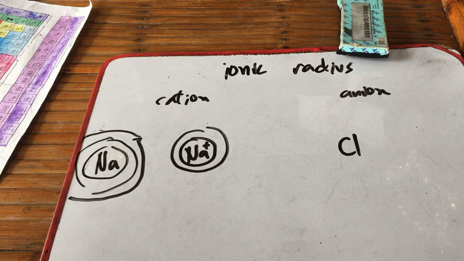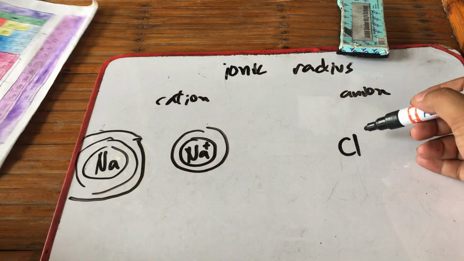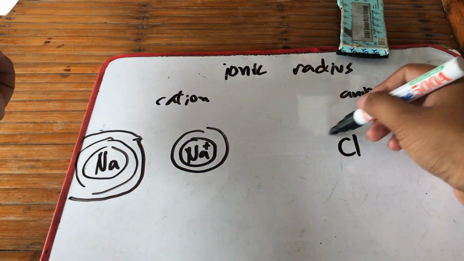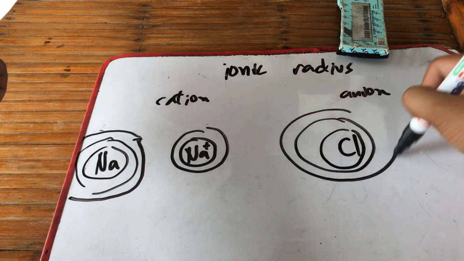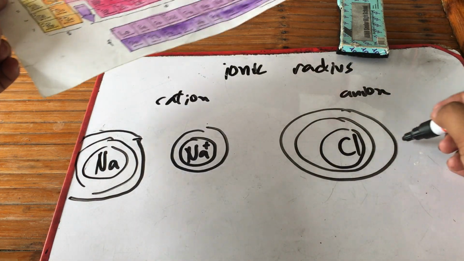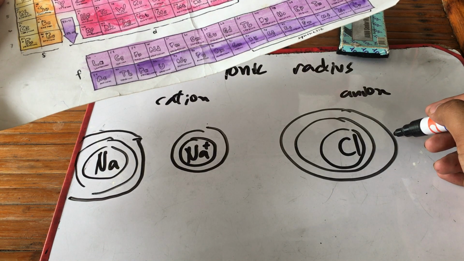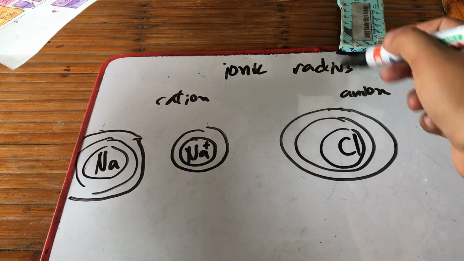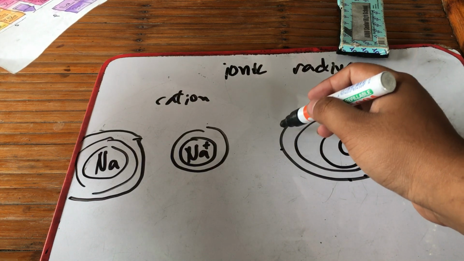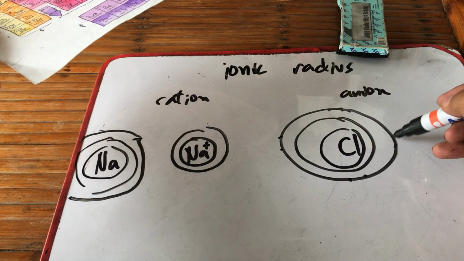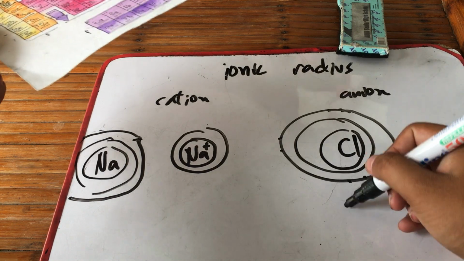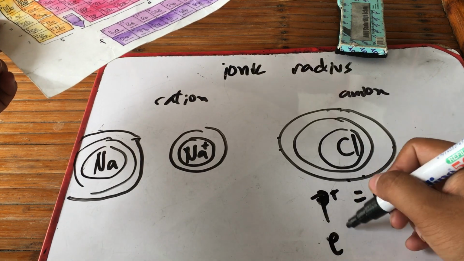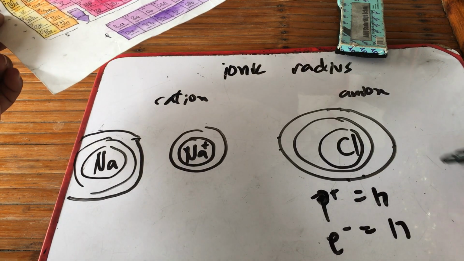But let's take a look at our anion. Chlorine is in period number 3. So 1, 2, 3 shells. And then it has 7 valence electrons outside: 1, 2, 3, 4, 5, 6, 7. So it will gain an electron. Initially, the protons of chlorine are 17 and the electrons are 17.